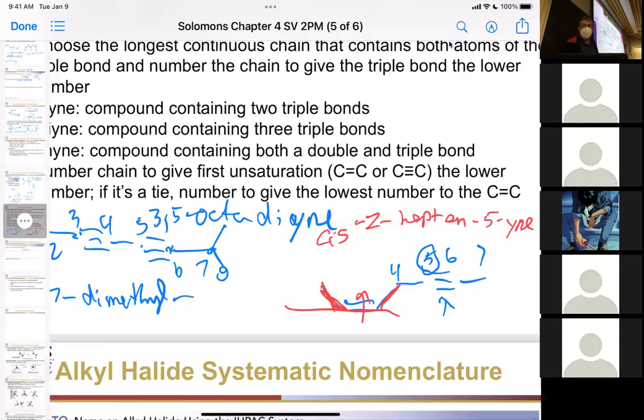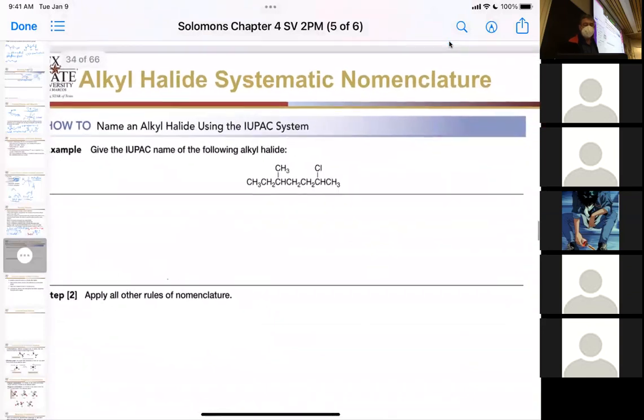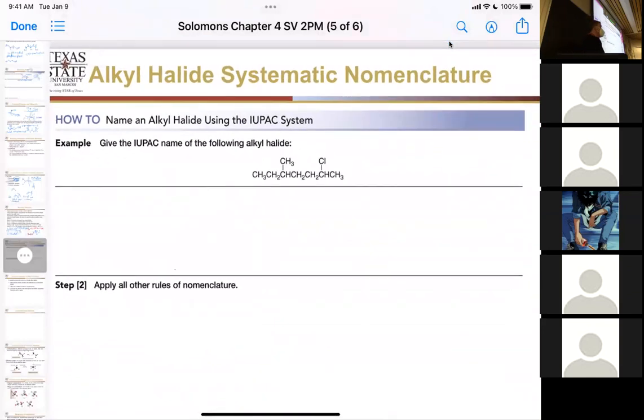Okay, so now we're going to talk about alkyl halides. Now the cool thing about alkyl halides is they don't change the name. They're always a substituent. So we just name the parent hydrocarbon, whatever it is, and add it to the system. Basically you're just going to give whichever substituent is the lowest number, the lowest number.